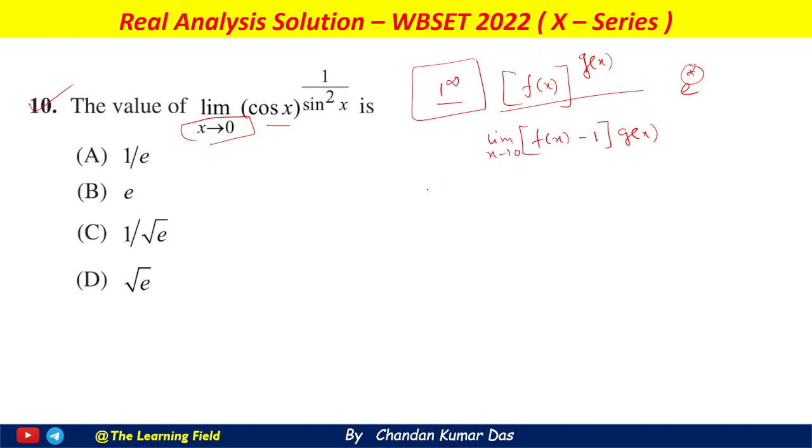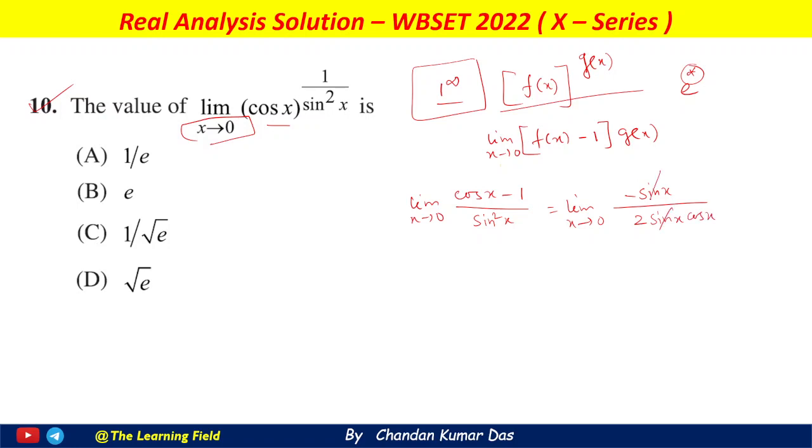So now we put the values. This is equal to (cos x minus 1) by sin x, and g(x) means 1 by sin square x. That means sin square x in the denominator, and take the limit as x tending to 0. So this is L'Hospital, you can easily apply. So limit x tending to 0 of minus sin x by 2 sin x cos x.